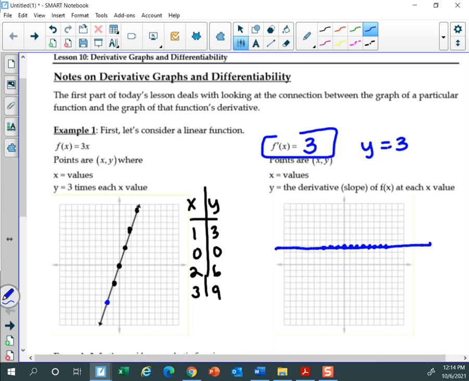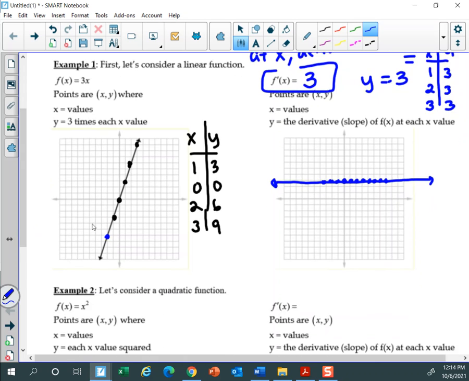So the individual ordered pairs on this function, x is 1 and y is 3, x is 2 and y is 3, x is 3 and y is 3, it's because at any individual x, the derivative value is always 3.